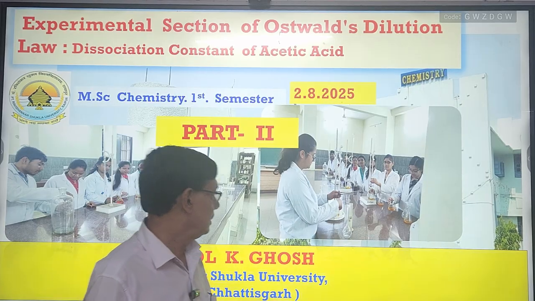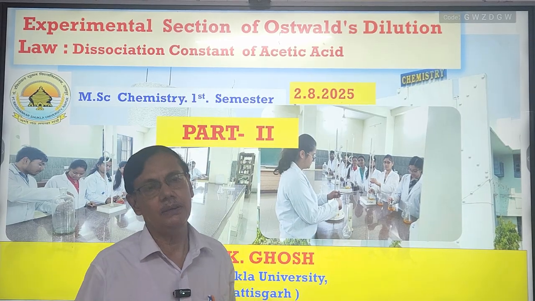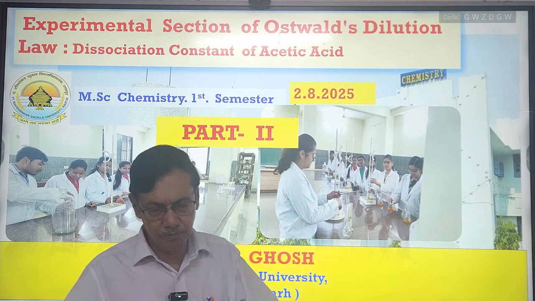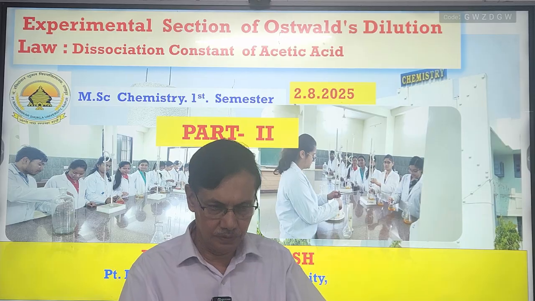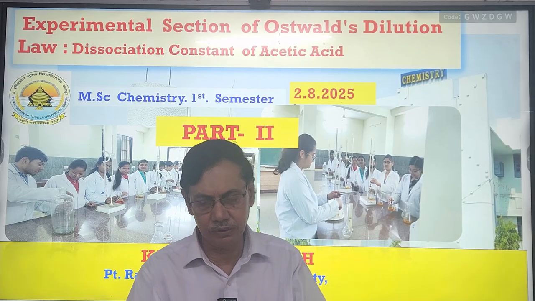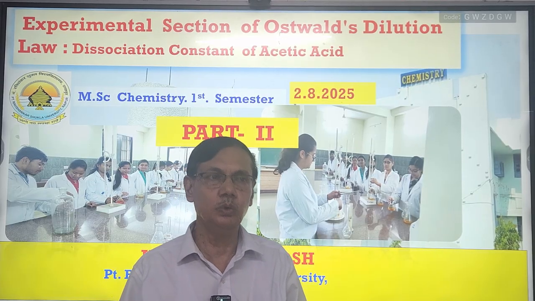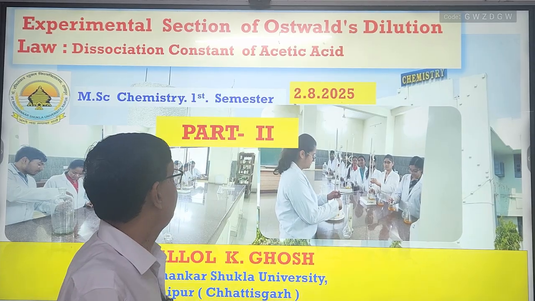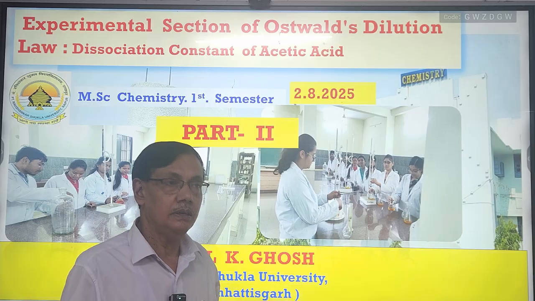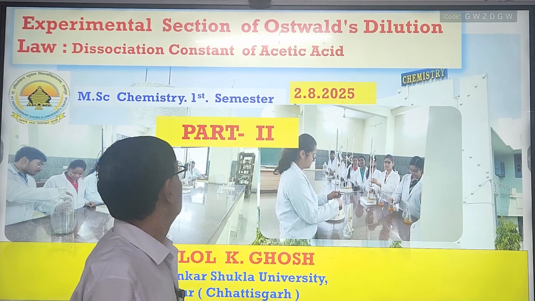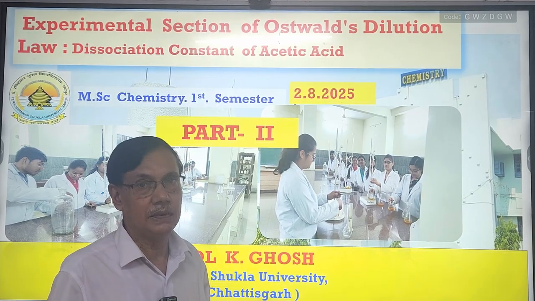Here you will perform the experiment and give me the results, and on the basis of your results, that means the observed conductance of different acetic acid solutions, we will verify the Ostwald dilution law and determine the dissociation constant of acetic acid.